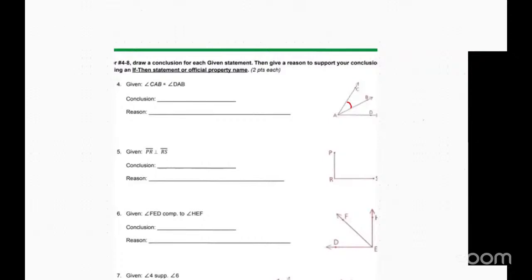And the conclusion, what would you think would be a natural conclusion for those two given statements?